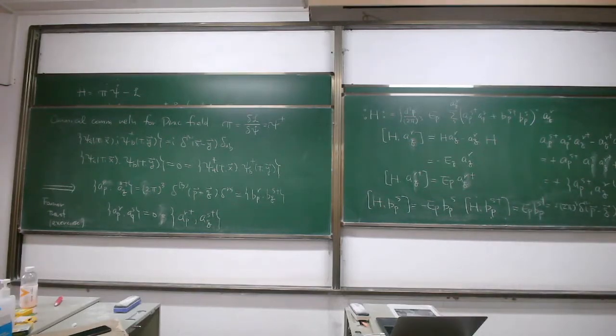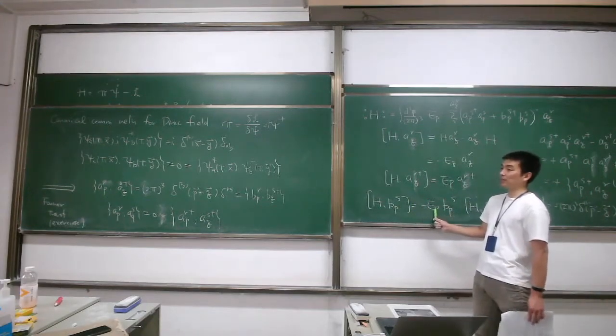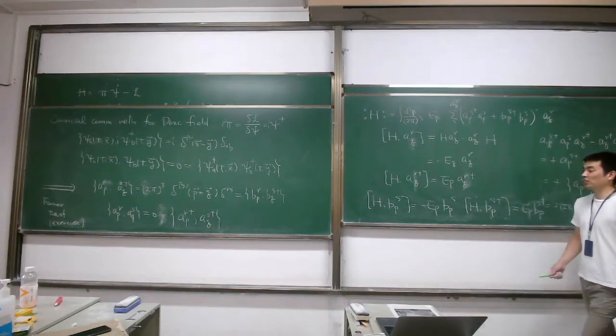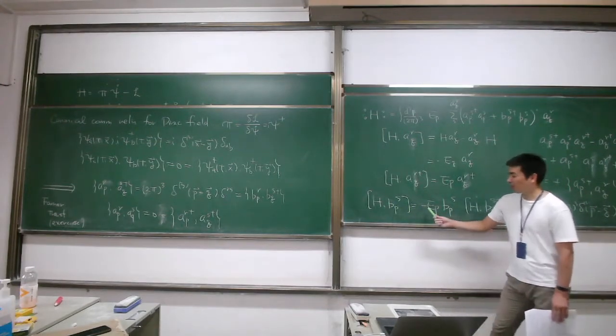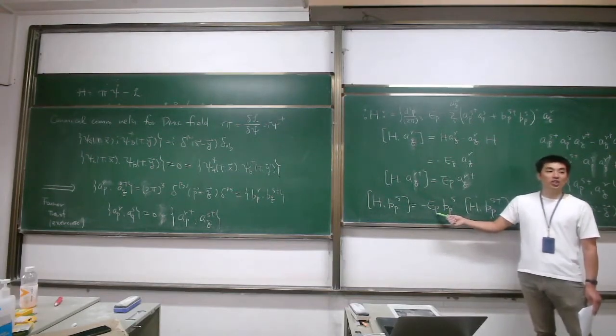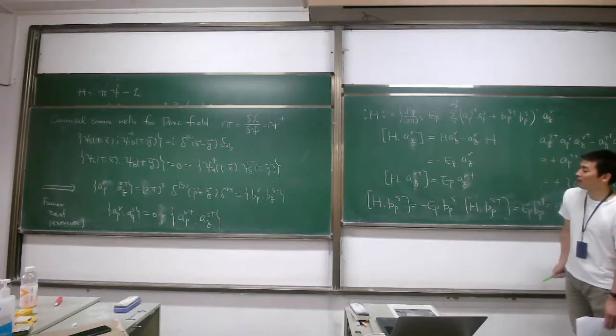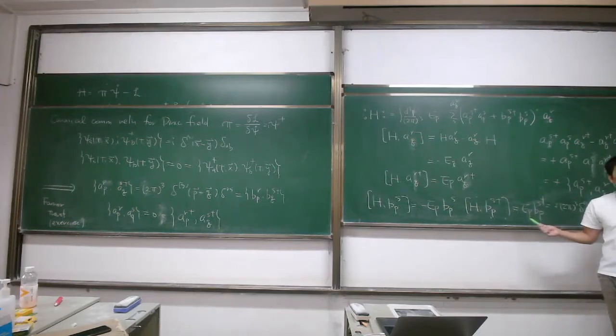The same calculation shows that if you have an annihilation operator, it has the minus sign, which means that if you act the annihilation operator, you get rid of the one particle. So therefore you lose the energy EP. On the other hand, if you act the creation operator, you increase the energy EP. That's what it means.